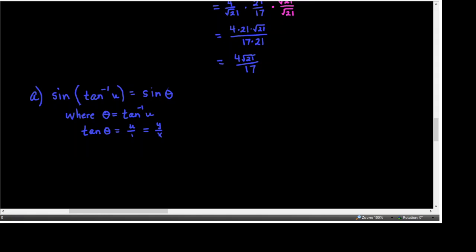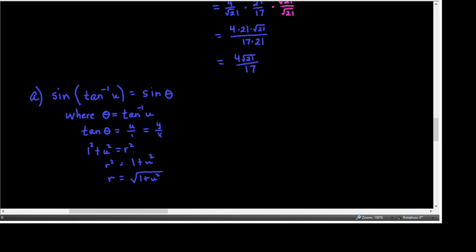So to find r, 1 squared, x squared, plus y squared, so u squared, equals r squared. So r squared is equal to 1 plus u squared. So r is, notice I'm not putting in plus or minus because r is always positive, the square root of 1 plus u squared.